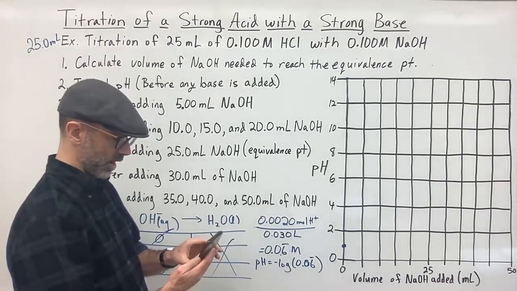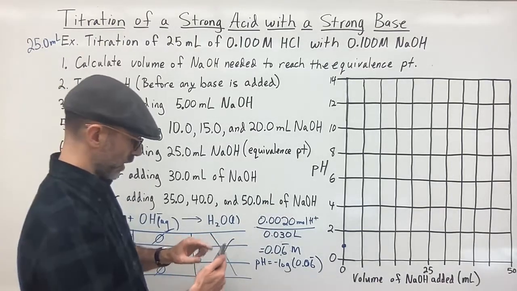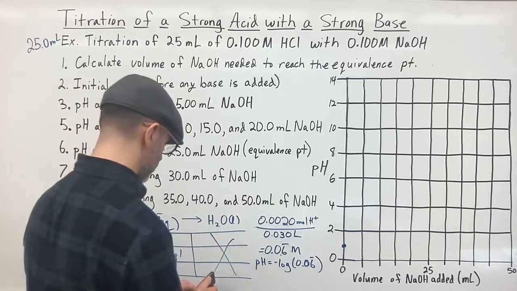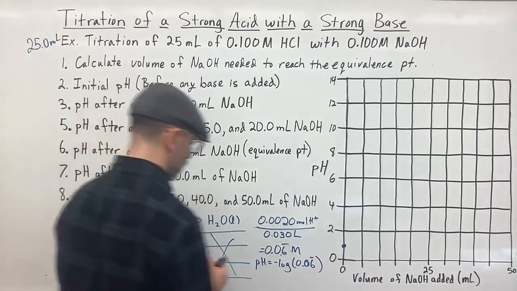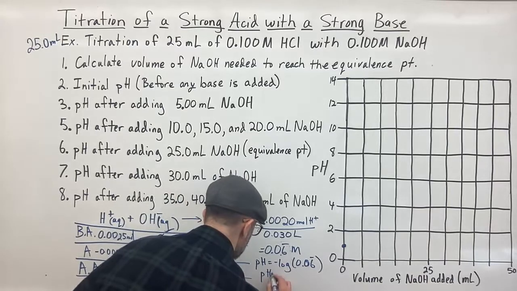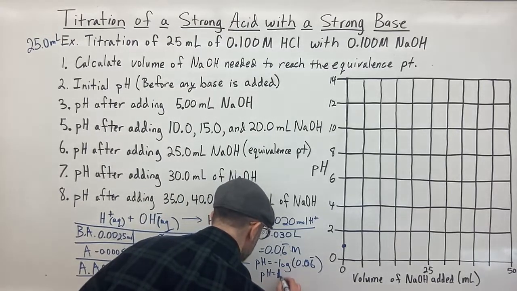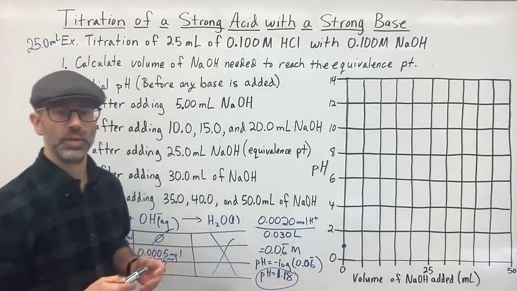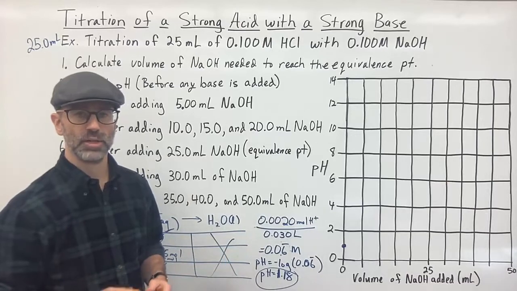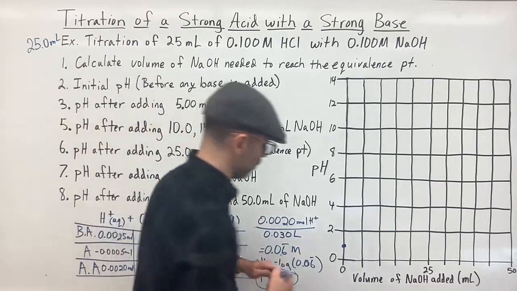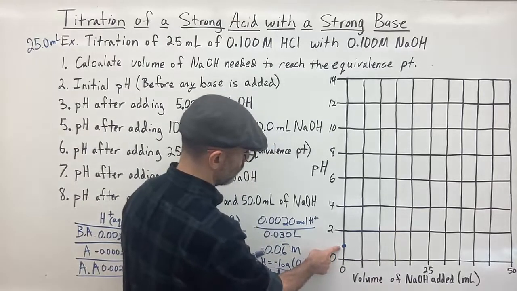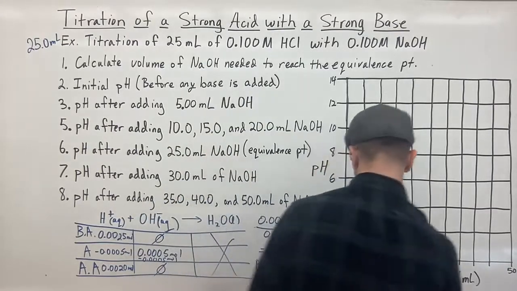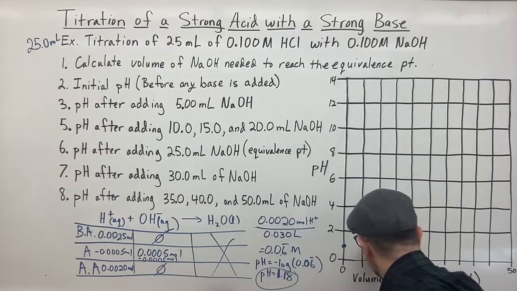When we take the log, our new pH is equal to 1.18. So 1.18 is the new pH after adding 5 milliliters of our strong base. Now if I put the new point here, we're at 1.18. So maybe it's slightly higher.